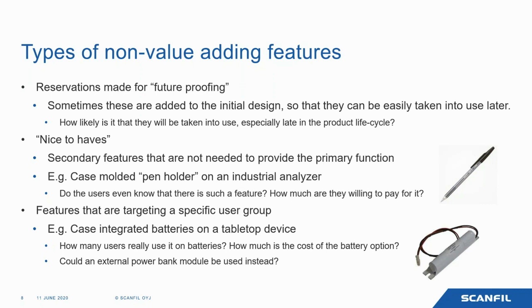So then, of course, you can think, is it good that the entire customer base has to pay for this option, or could you somehow take it out from the base product and maybe have it as an external module or something similar?